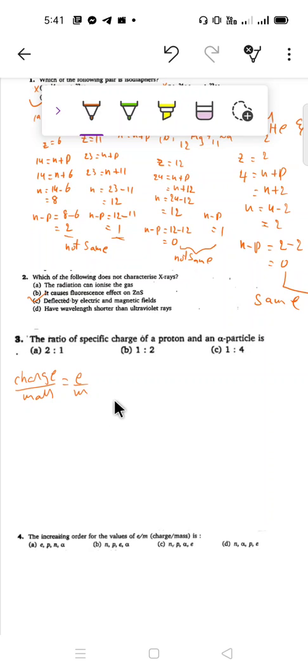Let us calculate E by M value for proton. Proton means this one is the proton, hydrogen atom with positive charge.